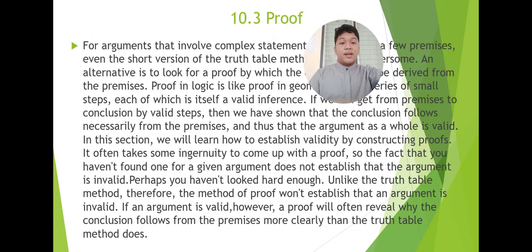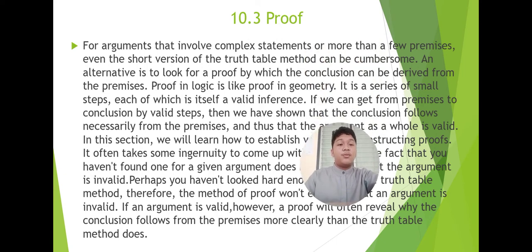So, let us proceed to the 10.3 topic. It is the proof. For arguments that involve complex statements or more than a few premises, even the short version of the truth table method can be cumbersome. So this is about proofs, how we find out whether a given proof is valid or invalid.